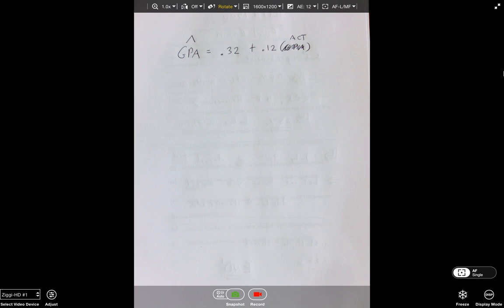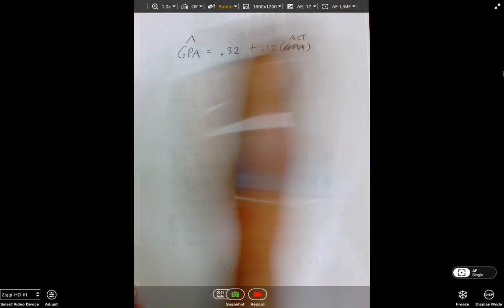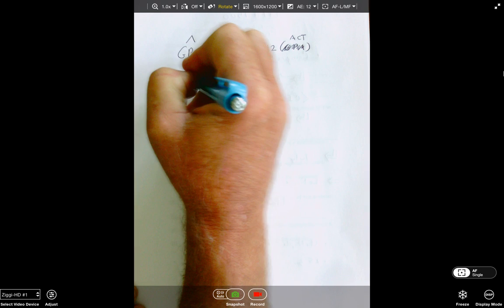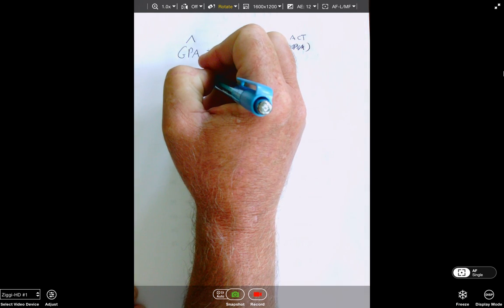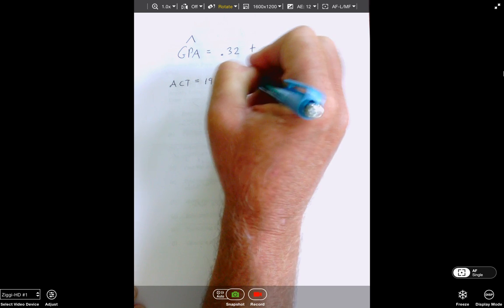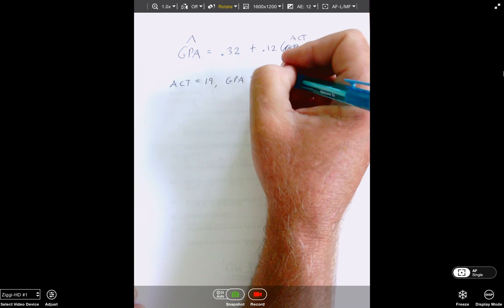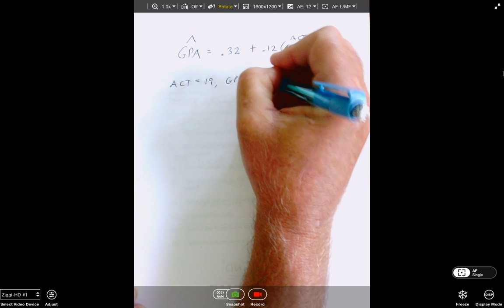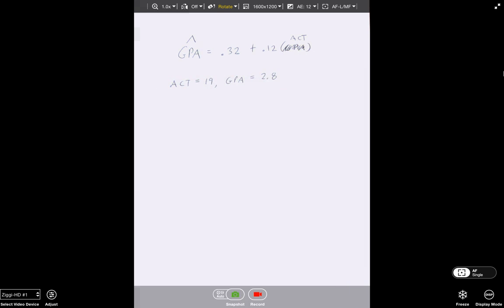And let's say in creating this that we have someone that had an ACT equal to 19, and they had a GPA equal to 2.8. So let's consider that the GPA is the first year college GPA, and of course the ACT is the score you got on the comprehensive part, the overall part of your ACT.